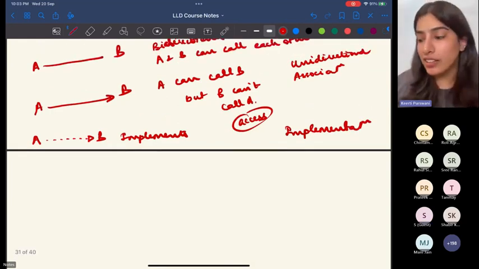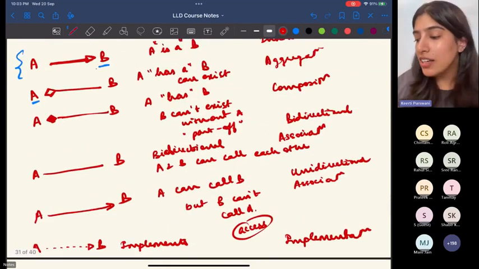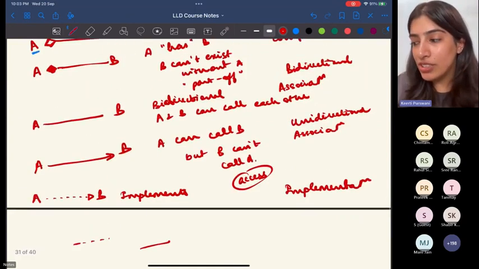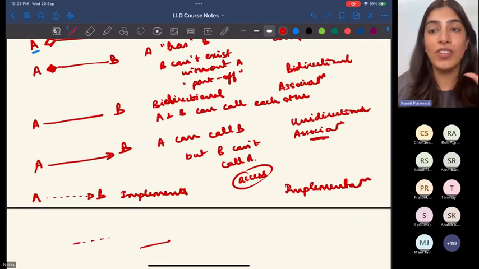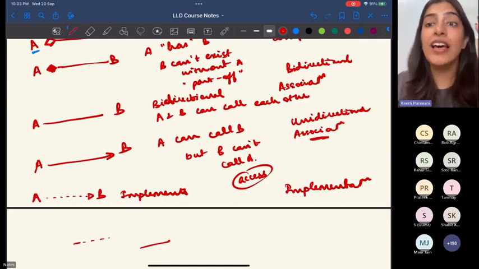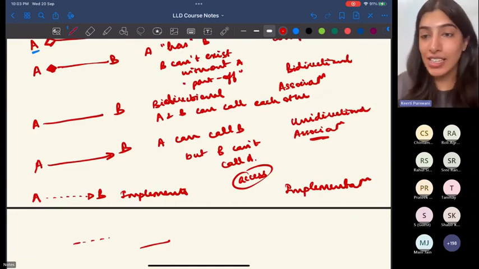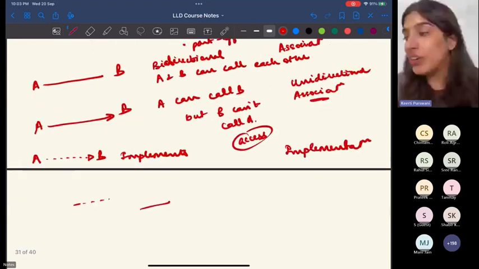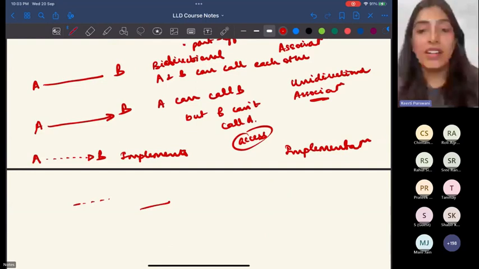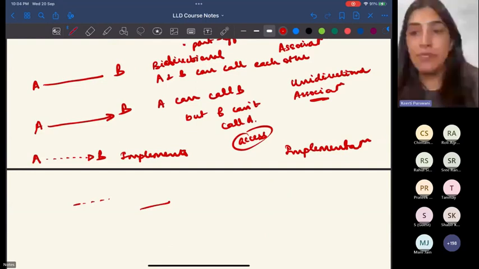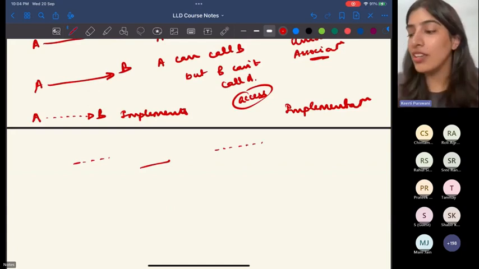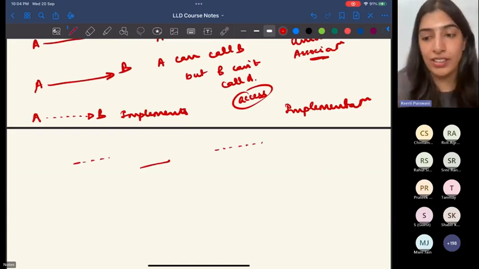So whenever you're dealing with interfaces or abstract classes, just make a dotted line instead of a solid line. Even if it is association with an interface or abstract class, I know you must be thinking, what case will it be? We will discuss all of that. We'll look at examples. But whenever you are accessing any interface, you will have to use a dotted line.